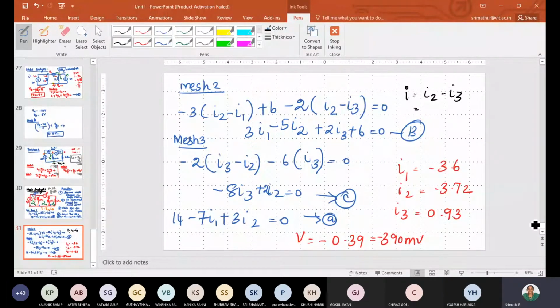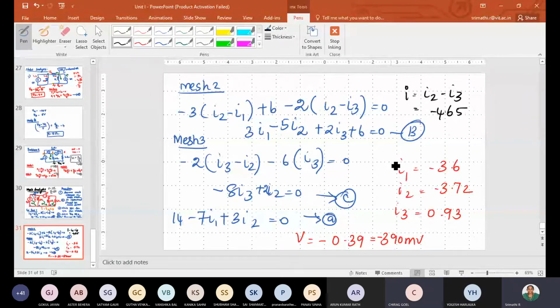Answers please. Minus 4.65. Check for your I2. Everybody is getting minus 3.72. No, it should be minus 2.8 only.